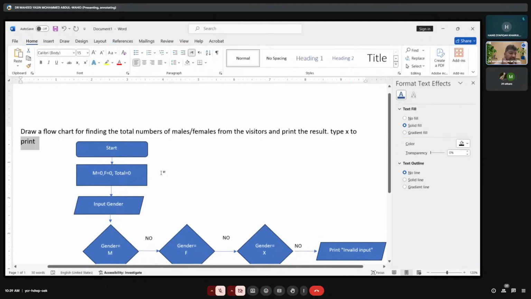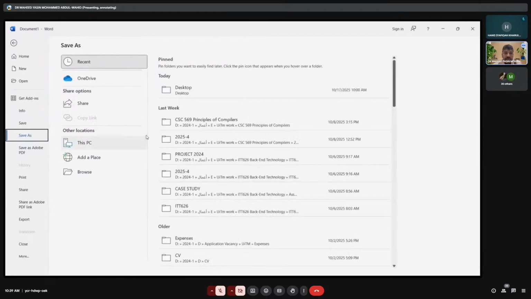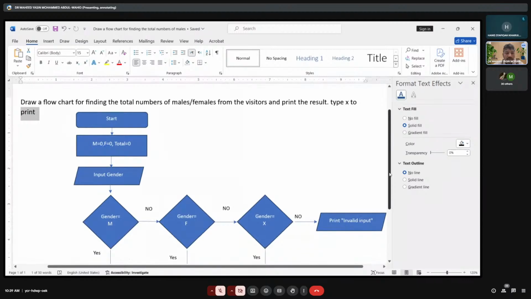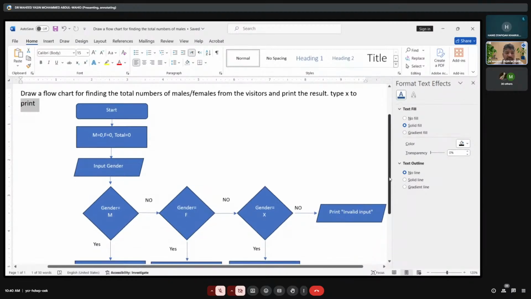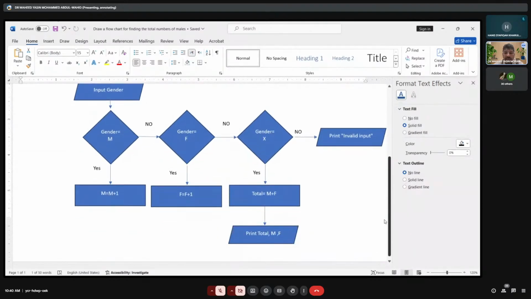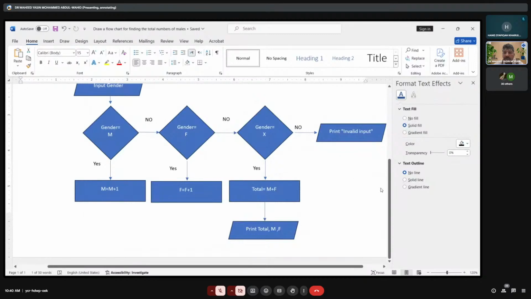So this is a simple flowchart. Now start, M 0, total 0, input gender, gender male, M plus 1, F here. Here print.